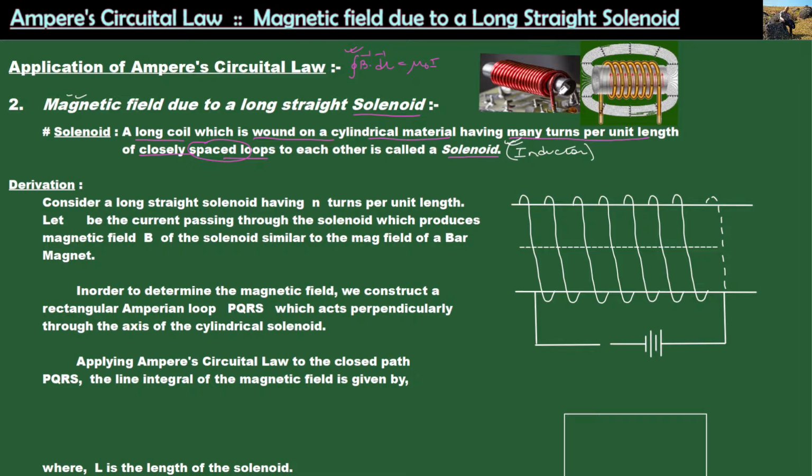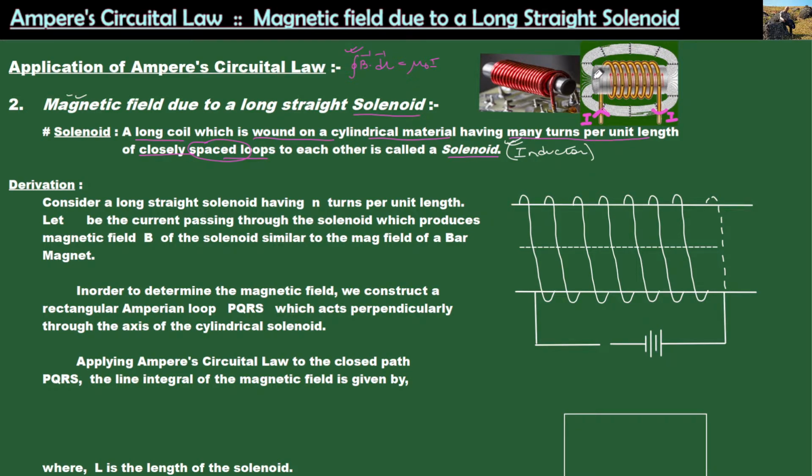So when we pass current through a solenoid, it generates a magnetic field. Over here, I am passing current through the solenoid. This is the direction in which the current I is moving, and from here the current I is coming out.